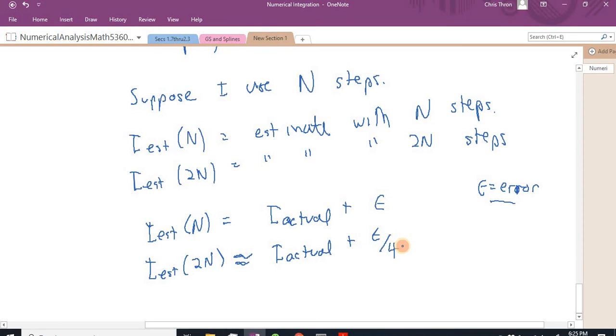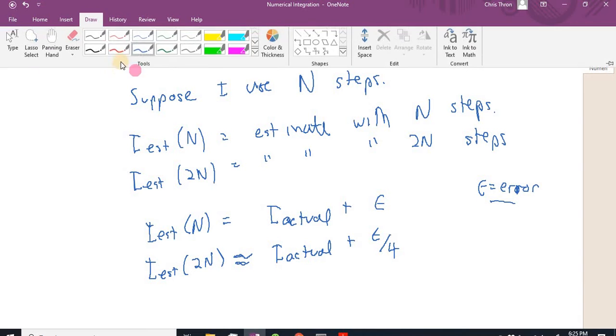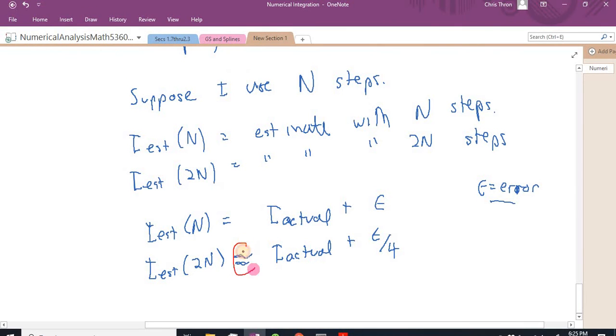Okay. Now, the amazing thing is that now I can use both of these to improve my estimate. Because I basically have two equations and two unknowns. I don't know the actual and I don't know the epsilon. But I can use these two equations to get a better estimate. This is approximate, but it's a good approximation.